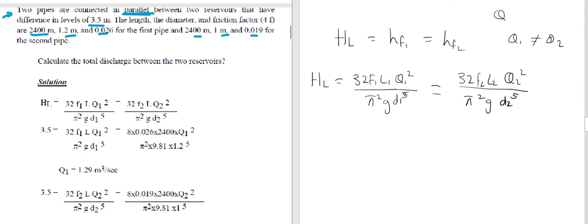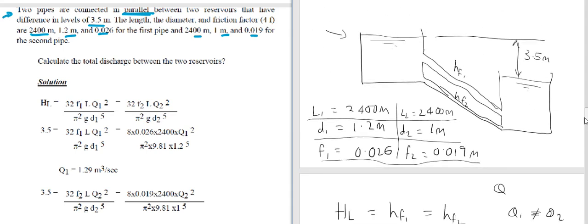The reason is because both pipes are not the same pipe. You can see that this pipe has an inlet here and lets out here, and this has an inlet here and lets out here. These two pipes are not really connected together like the case of series connection.